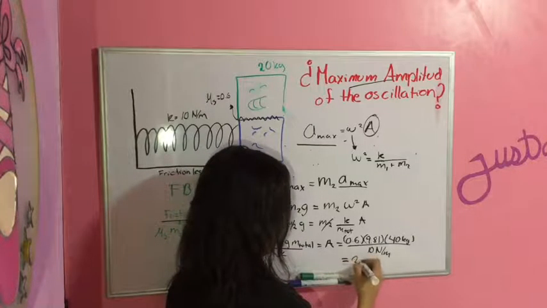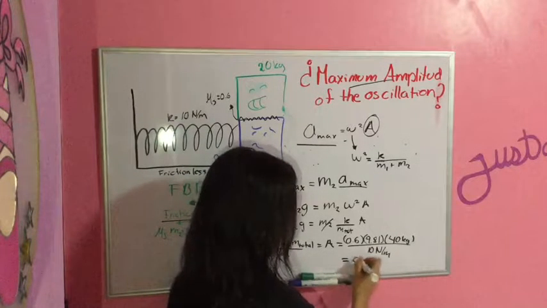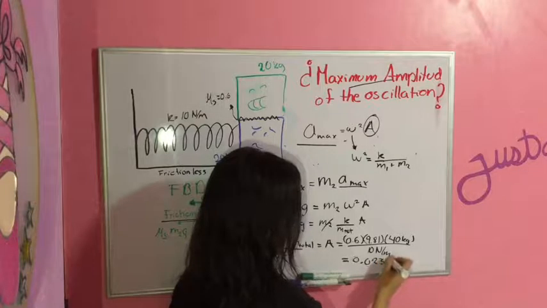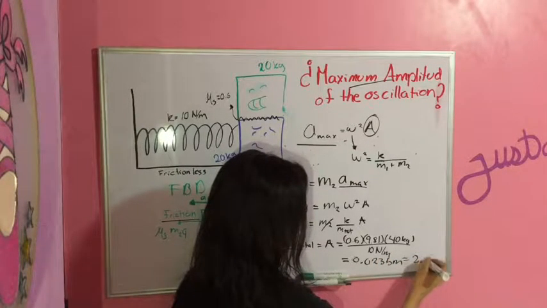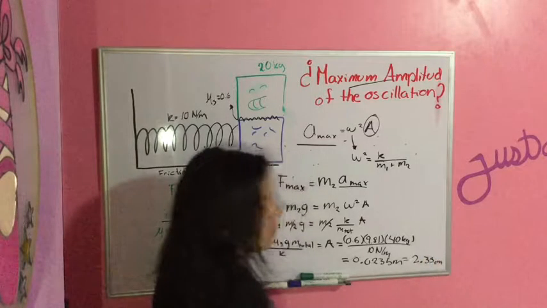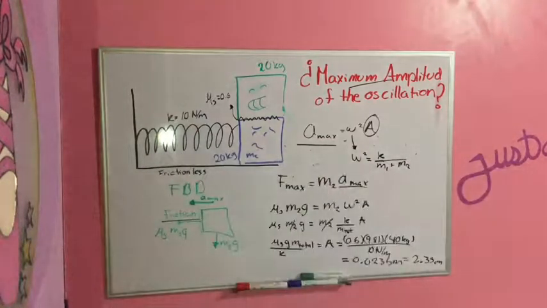And that's how we'll get an amplitude of 0.0235 meters, but we have to convert that into centimeters, so we'll get 2.35 centimeters.